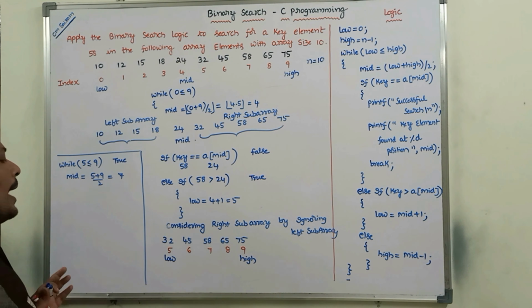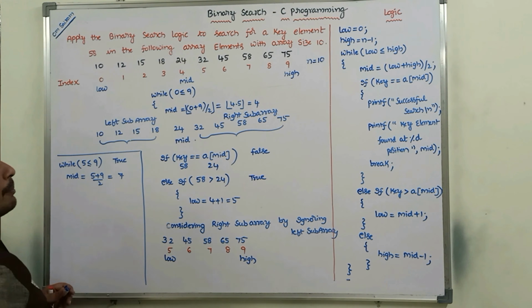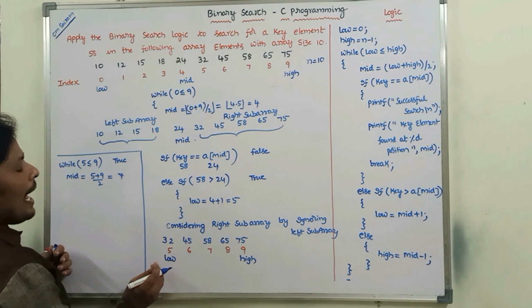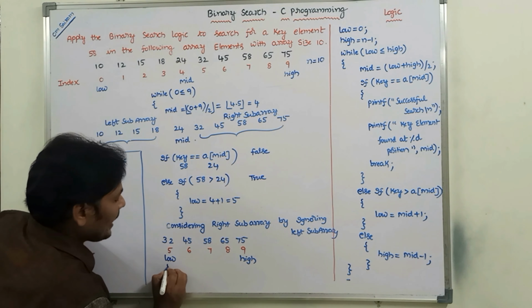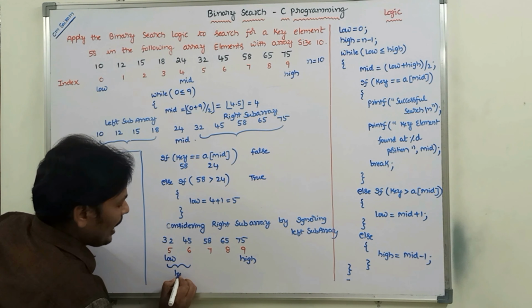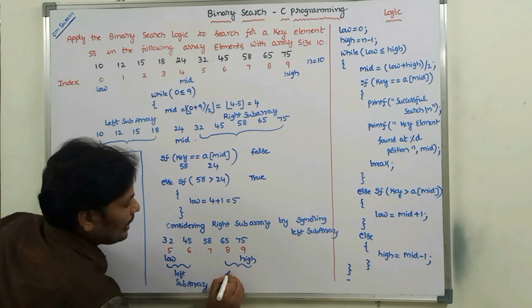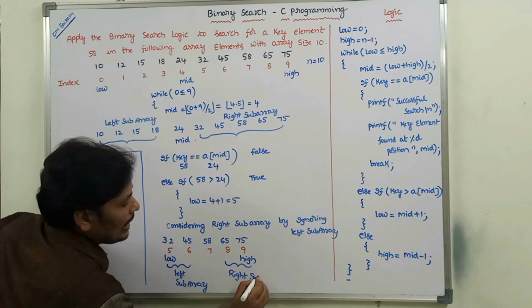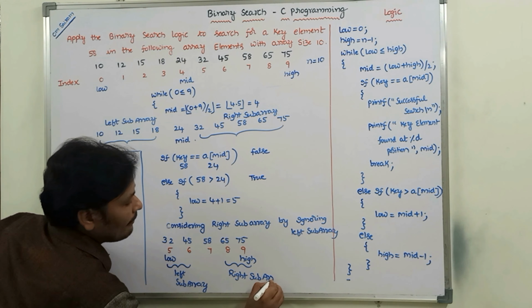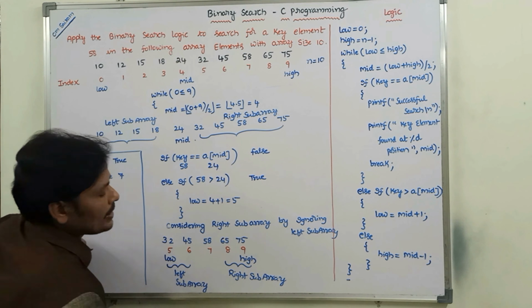Okay. Again, the mid value divides the array. Before the mid value, this can be taken as the left sub array. After the mid value, this can be called the right sub array. The mid value can divide the given array into two sub arrays.